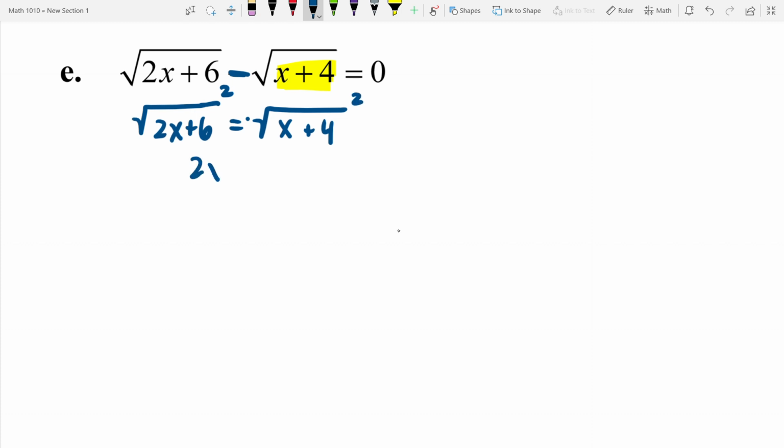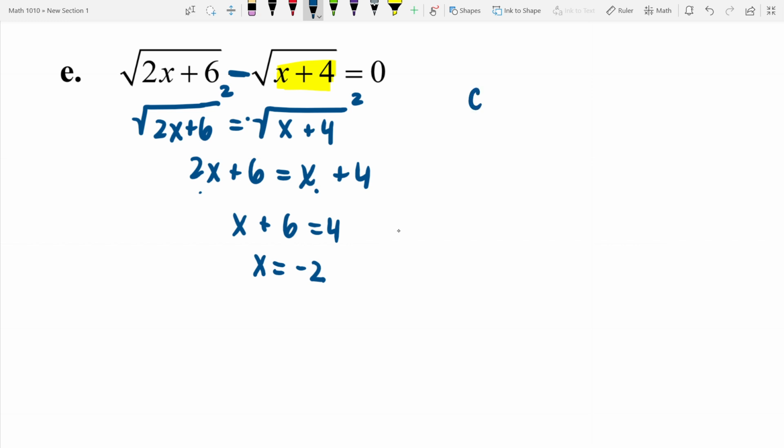So then I have 2x plus 6 equals x plus 4. This plus 1x comes over and becomes a minus 1x. 2x minus 1x is 1x plus 6 equals 4. Move my 6 over and it becomes a negative, and I get x equals negative 2.